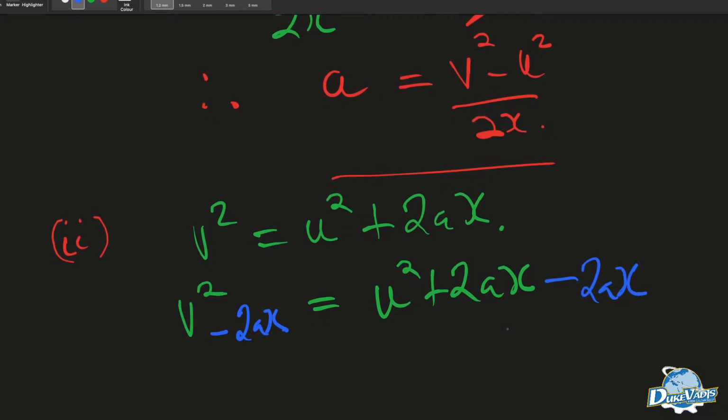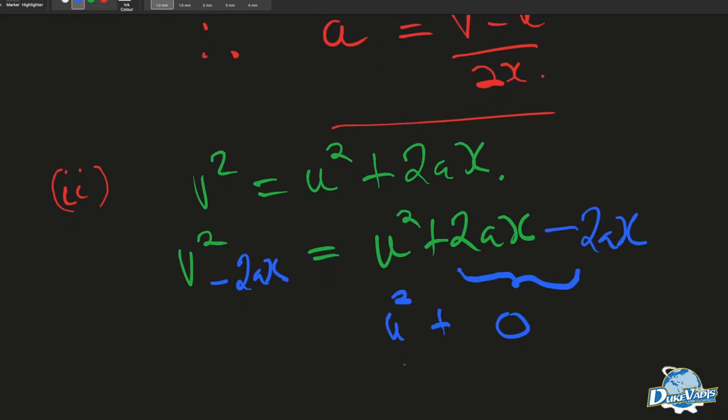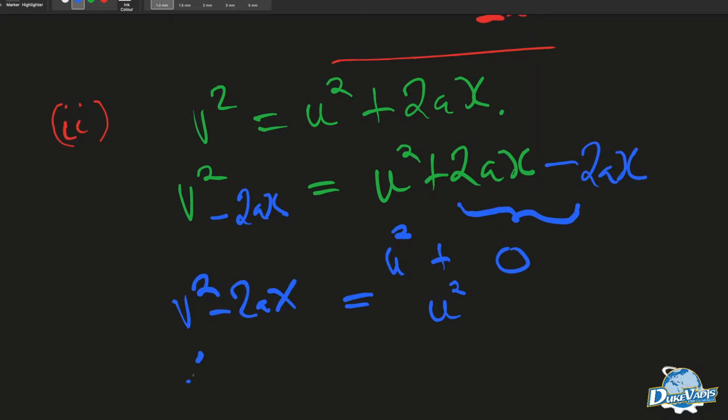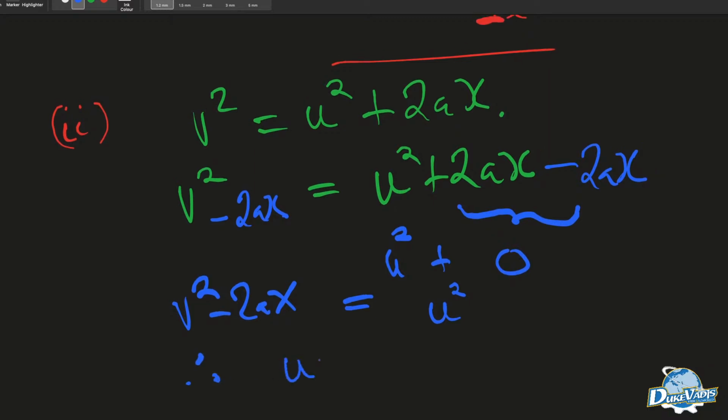We know that 2ax minus 2ax will be 0, plus u squared. So the right hand side alone says u squared is equal to v squared minus 2ax. So therefore, our u squared is equal to v squared minus 2ax.